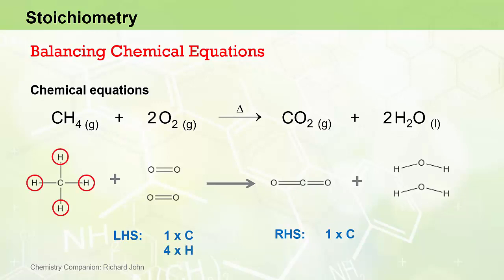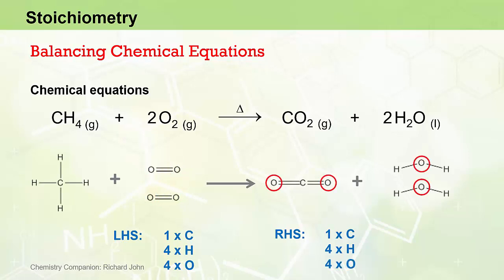On the left-hand side, the 4 hydrogen atoms are tied up in the methane molecule, whereas on the right-hand side, we have 4 hydrogen atoms tied up in the 2 water molecules. The 4 oxygen atoms on the left-hand side are tied up in the 2 oxygen molecules, and we have 4 oxygen atoms on the right-hand side spread across the carbon dioxide molecule and the 2 water molecules.